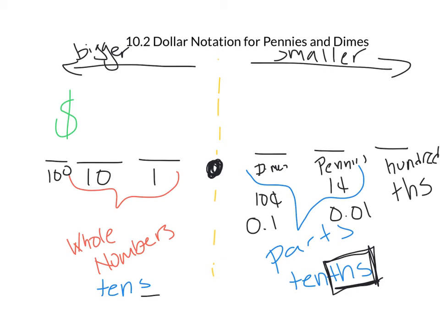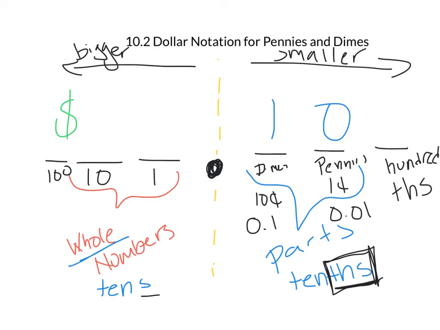Now we use money because money is something we interact with all the time and for the rest of our lives. And what we can think about is that 1 dime is really 10 cents. I don't have a full dollar. That's what I'm trying to get to, is 1 whole dollar.